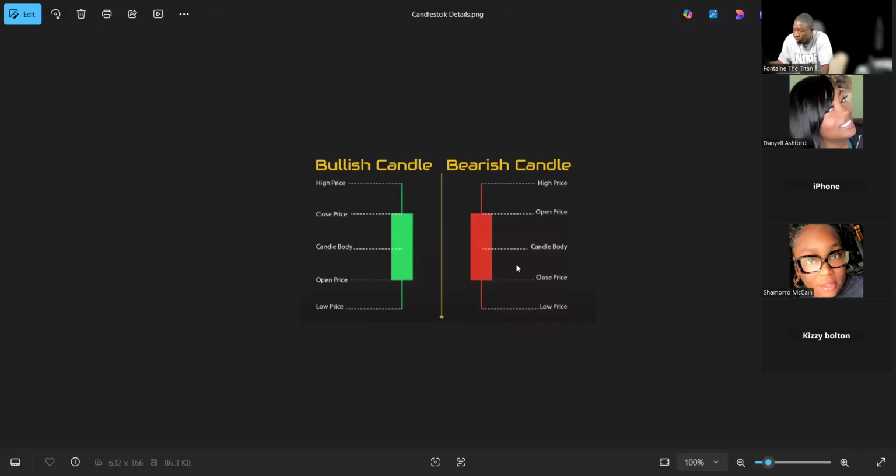But getting back to these candles, each one of these candles, when we get into the actual market, is going to represent also a different point in time. So you can have a 1 minute candle, a 5 minute candle, 10 minute candle, 15 minute candle, 30 minute candle, 2 hour candle.